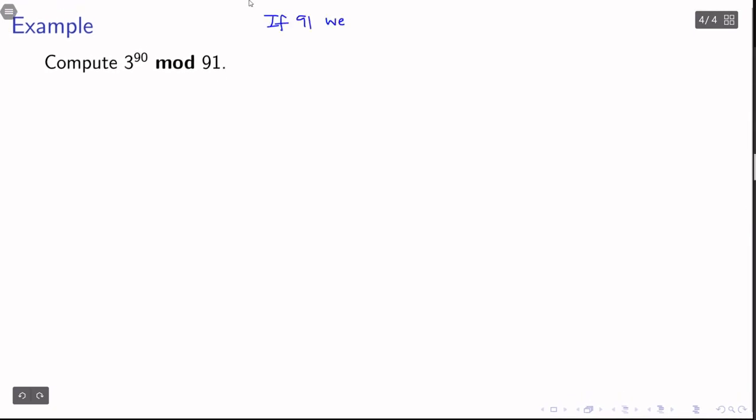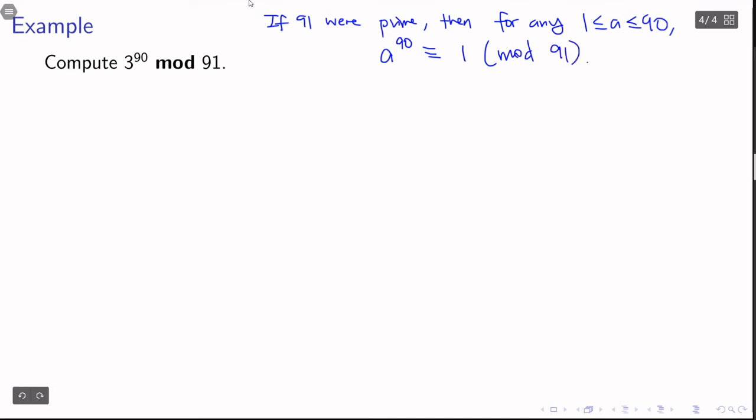If 91 were prime, then for any integer a from 1 to 90, a to the 90 would be congruent to 1 modulo 91, because all the integers here would be relatively prime with 91. So on the previous slide, we showed it for 2, that it's not 1, and that would be enough to conclude it's composite.